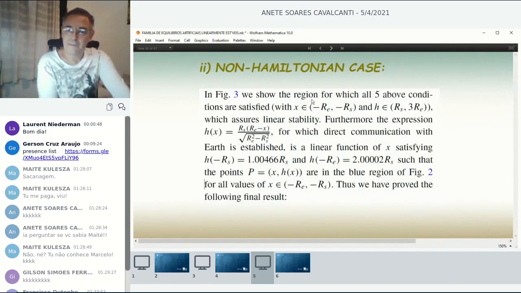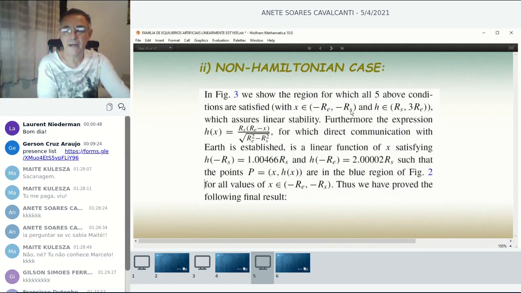So that's what's written here, right? In figure 3, we show the region for which all the 5 conditions are satisfied, and I ask x to be in this region, meaning that x is not inside the Sun.